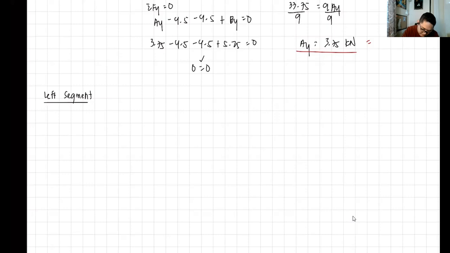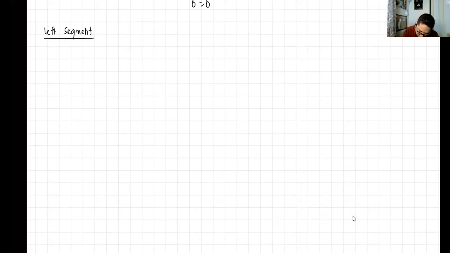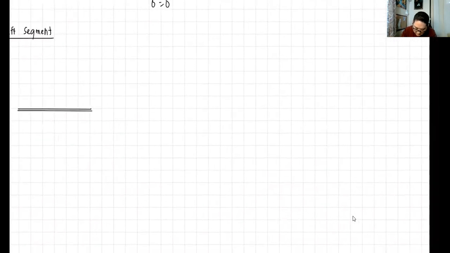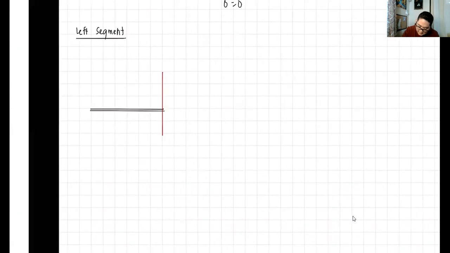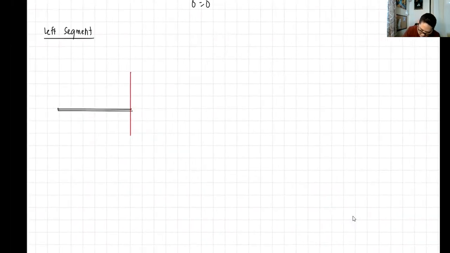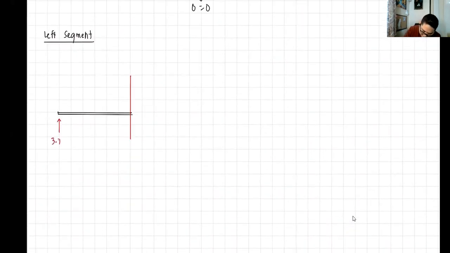So, identify natin muna is yung sa left segment natin. Okay, so left segment natin. So we have here yung beam natin. Okay, so assuming ito na yung cut section natin. Okay. Then we have identified a value ng AY dito. AY natin is 3.75.